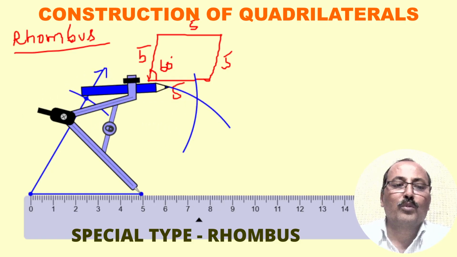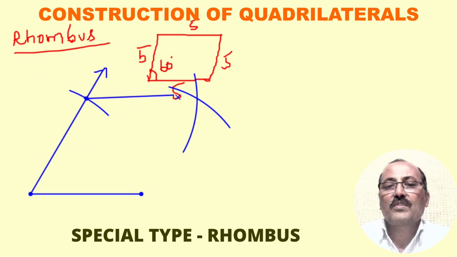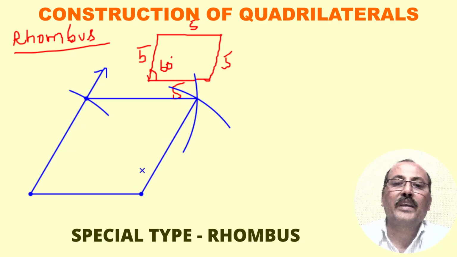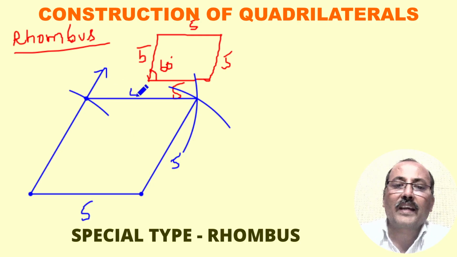Over. Now remove everything. Now join these two intersecting points and these two. Now we got a rhombus of sides 5 centimeter, 5 centimeter, 5 centimeter and 5 centimeter.